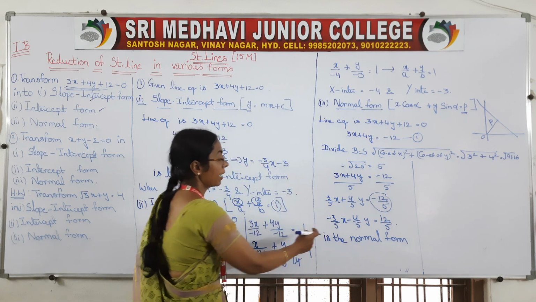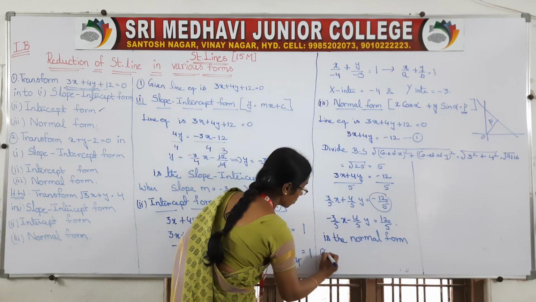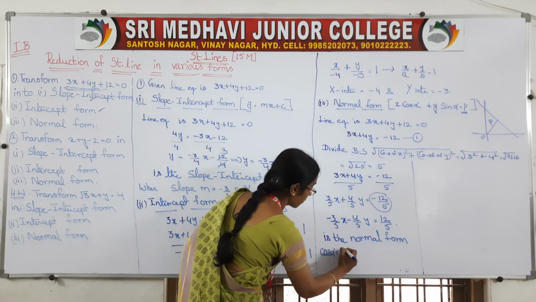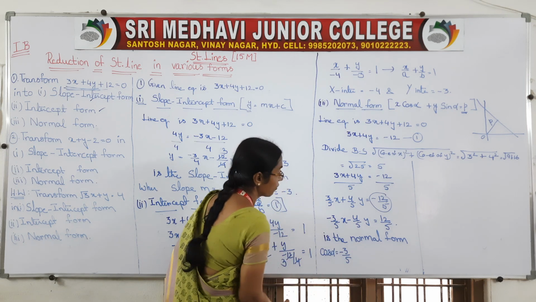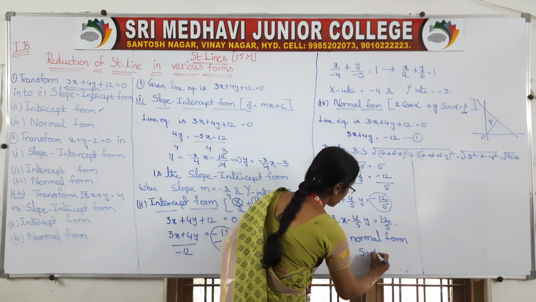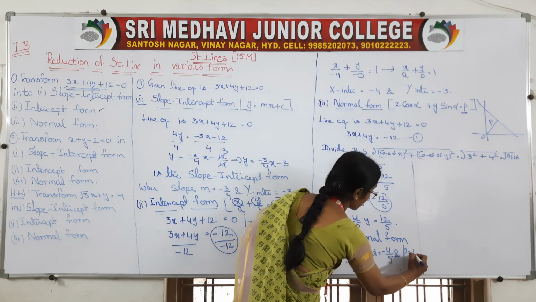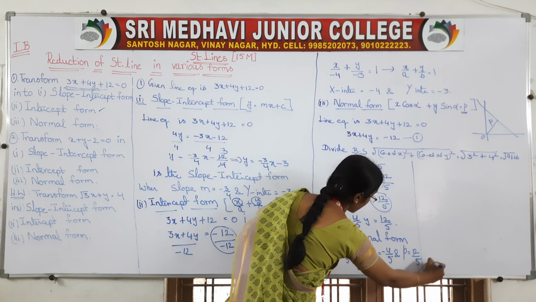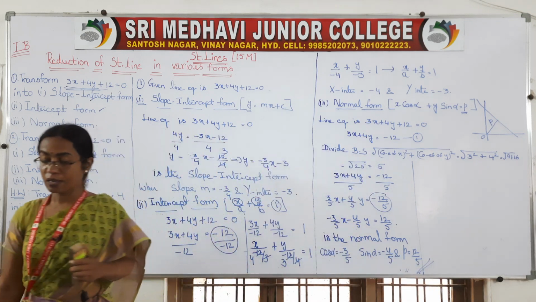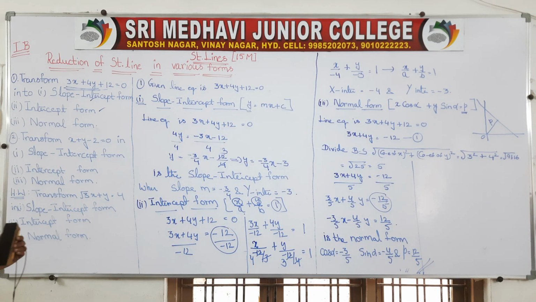So compare with x cos alpha: cos alpha is equal to minus 3 by 5, sin alpha is equal to minus 4 by 5, and p is equal to 12 by 5. That's all. This is our first question and a very important question for 4 marks.